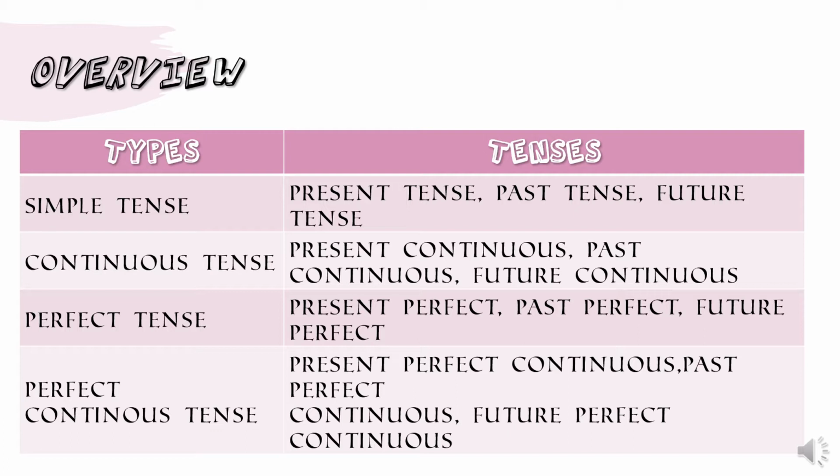And fourth one, perfect continuous: present perfect continuous, past perfect continuous and future perfect continuous. These are the subtenses of the tense. So now we will read about the tenses and their subtenses. Got it?